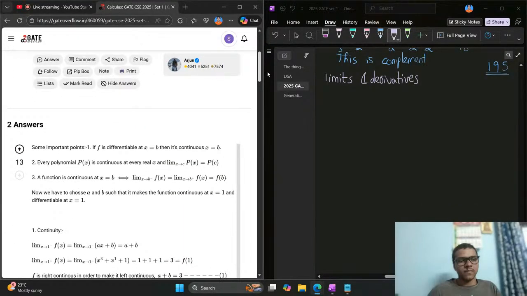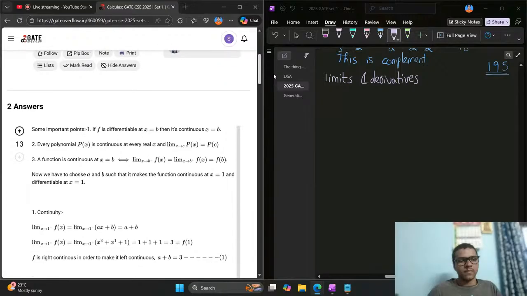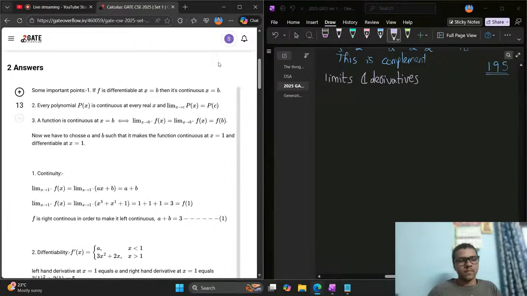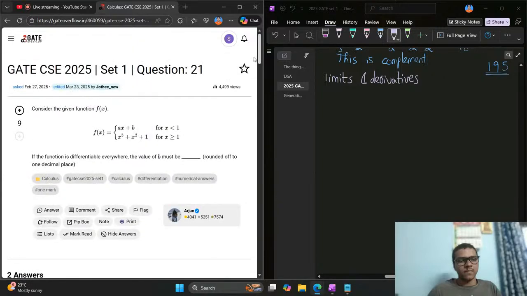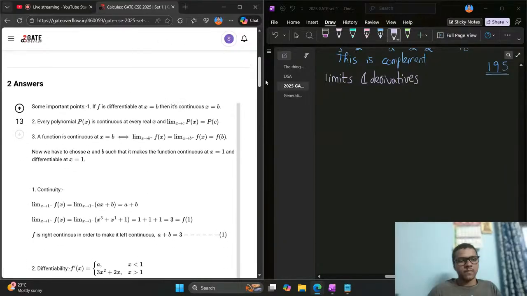Some important points: if f is differentiable, then it's continuous. Every point is continuous. So both LHL, left hand limit, and right hand limit, must be satisfied. F is continuous and differentiable at x equals 1. Continuity. Okay, check the LHL. Check the RHL.